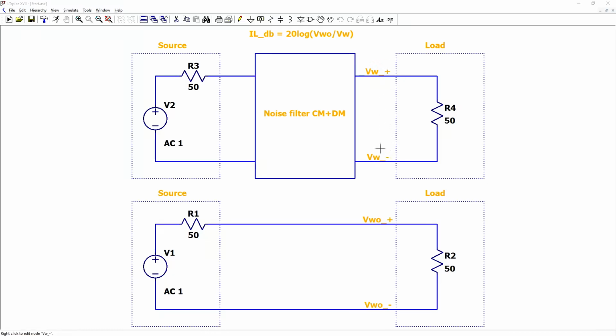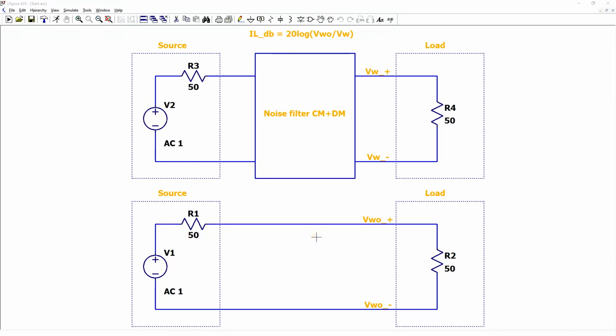This is the voltage with the filter and this is the voltage without the filter. The graphs will show the attenuation of the filter in the measured frequency range, but also the gain, or amplification, that we want to avoid or even need to avoid.